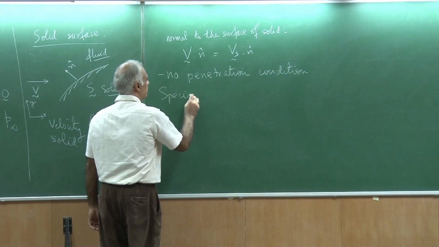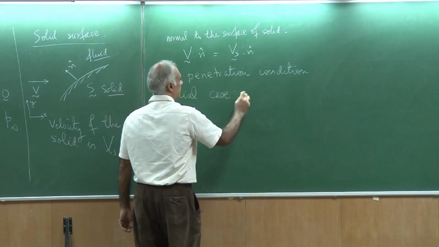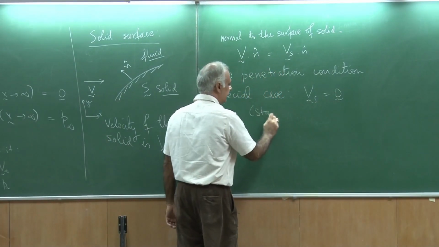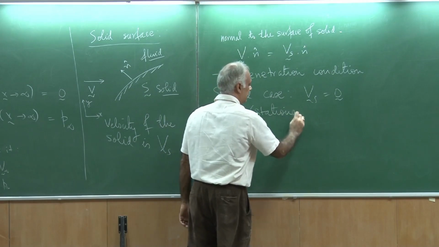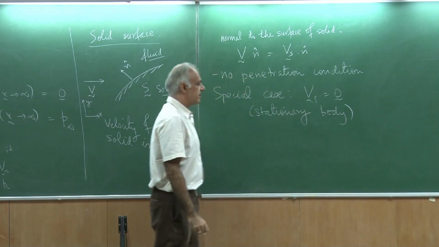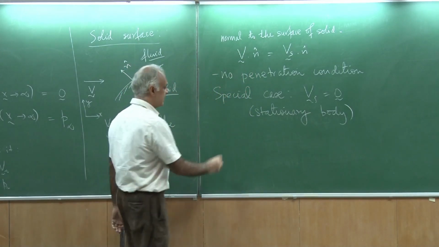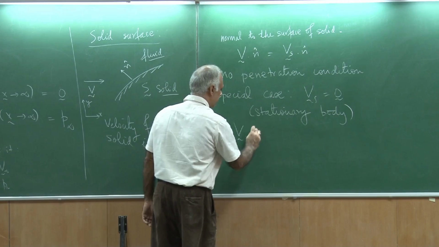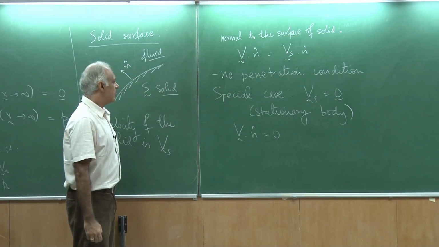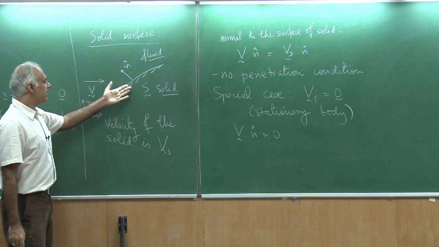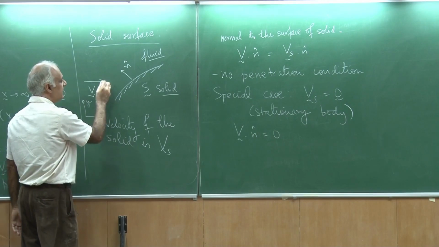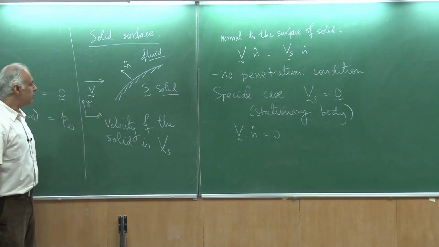A special case is Vs is 0. That means I have a stationary body. In that case, this condition boils down to V dot n is identically 0. So for the picture that I have drawn here, this is a solid body and there is fluid coming at it, and I could resolve it into two components.